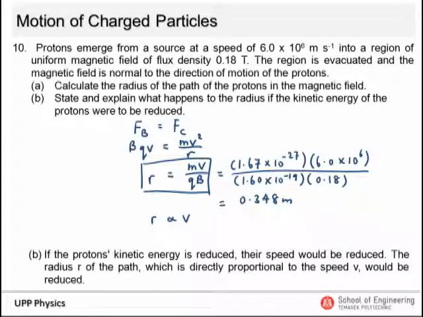Then the radius r of the path, which is directly proportional to the speed v, will also be reduced. I hope this example will give you a better understanding of how protons move within the uniform magnetic field, as well as the relationship between magnetic force and the motion of a charged particle in a magnetic field.